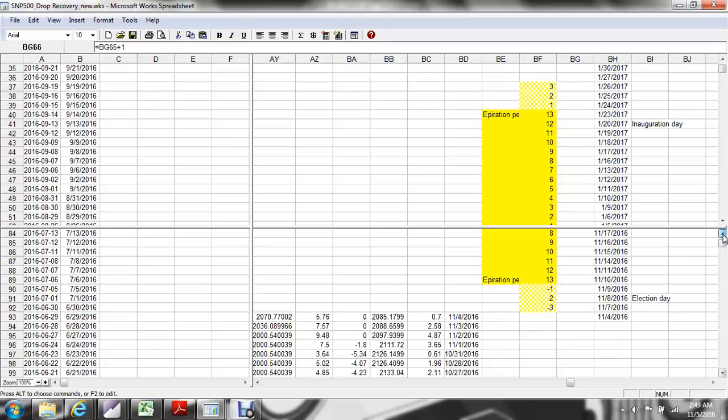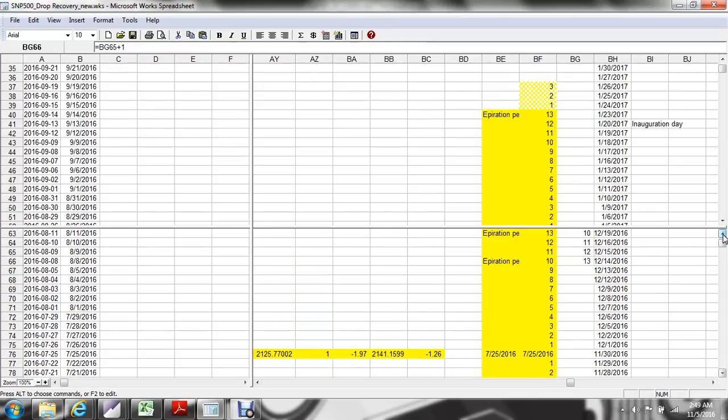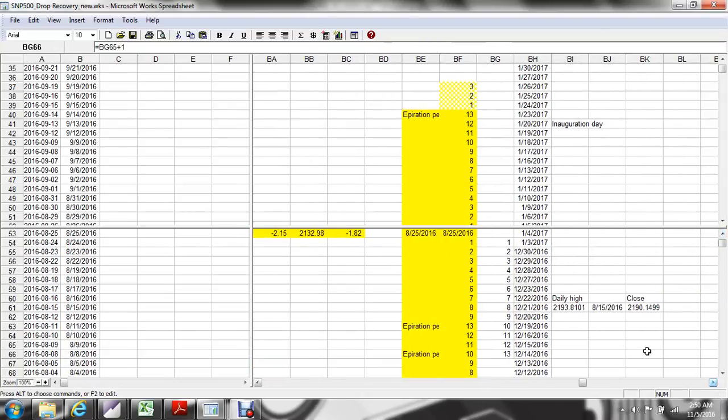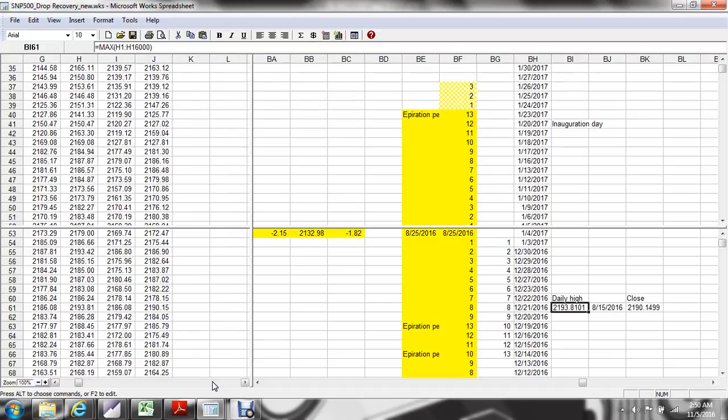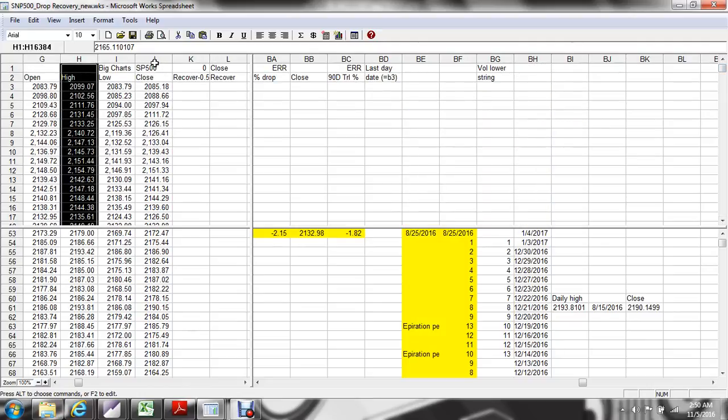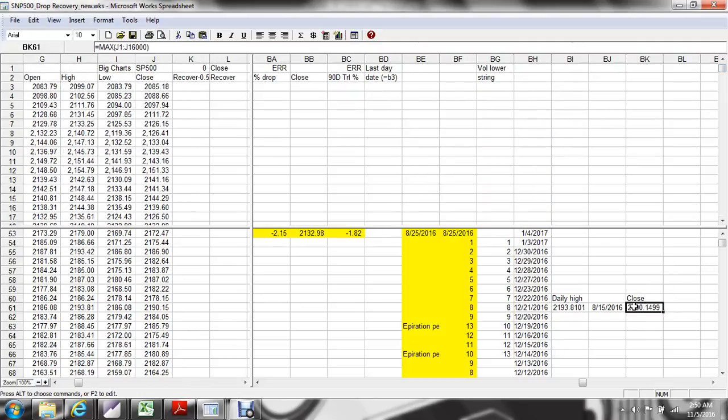What happened too, we're going to look at another spreadsheet, but I want you to look at something here. The current all-time high of the S&P was seen on August 15th. It's the max of this row, which is daily highs, and the max of the daily closes, all the way through the whole spreadsheet.